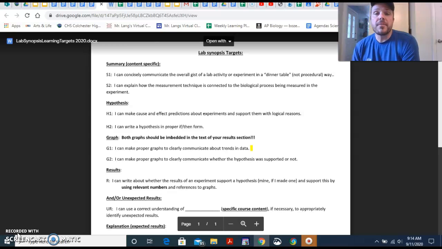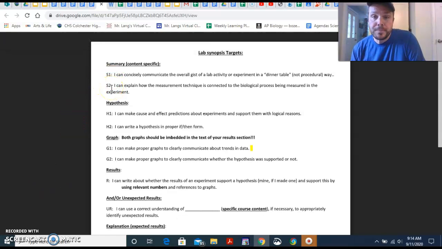First of all, the summary: you can write almost the entire summary before you have even approached the lab. So you'll get 2 grades when I grade your lab synopsis summary, lab summary 1 and lab summary 2.